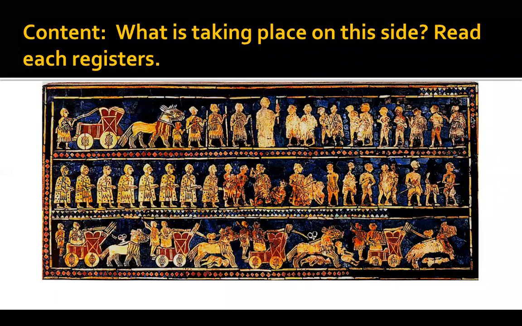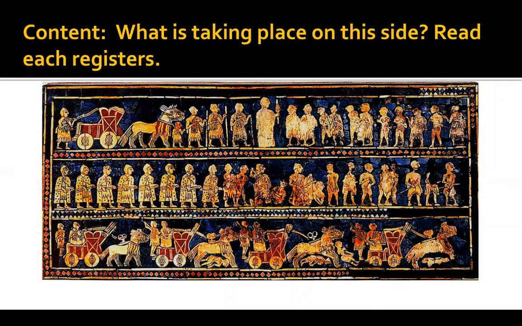We see on the top row, right? We see captives again, and then a few times we'll see soldiers presenting them to the guy in the center. So who's this one guy in the center?